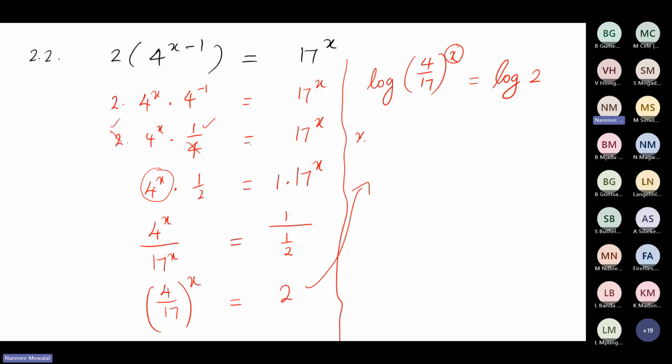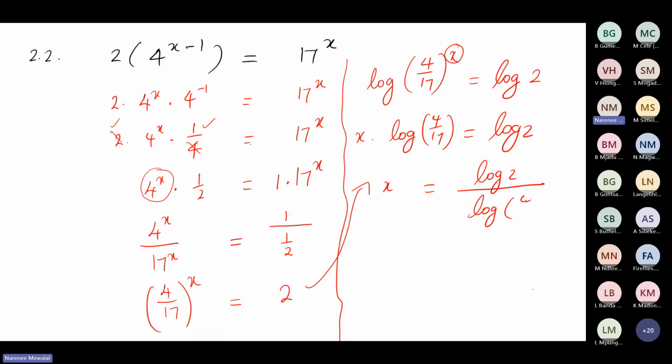So you're going to get x times log 4 over 17 is equal to log 2. And then your x is equal to log 2 divided by log 4 over 17.